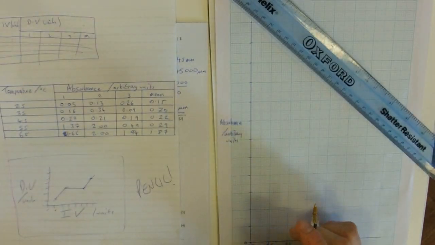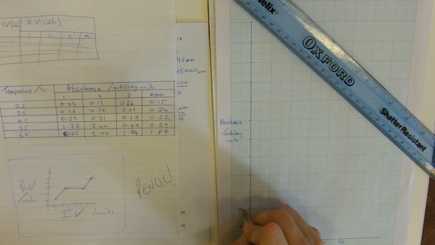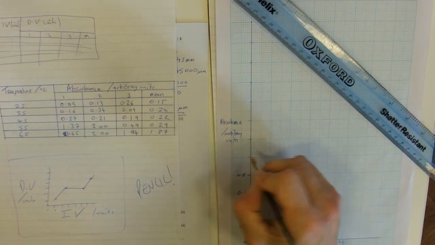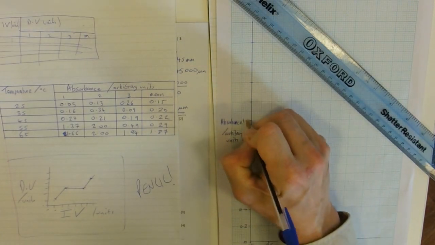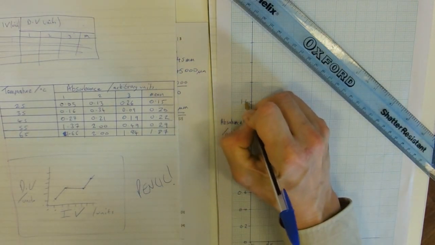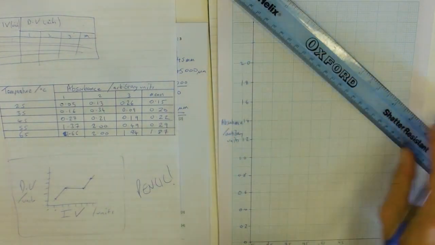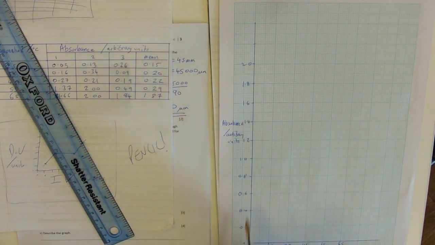So I decided to go up as 0.2, 0.4, 0.6, 0.8, 1.0, 1.2, 1.4, 1.6, 1.8, 2.0. So I've got a nice regular scale.